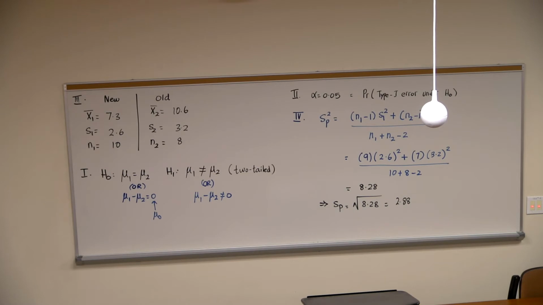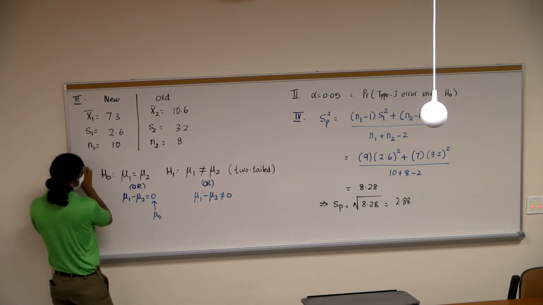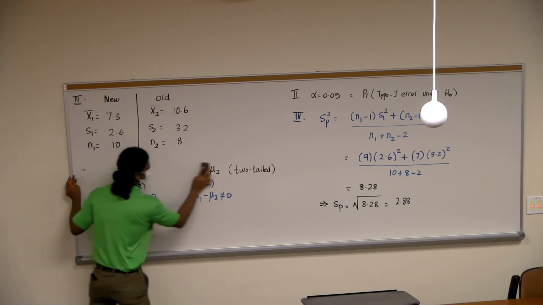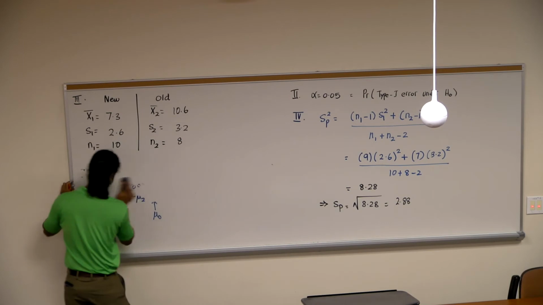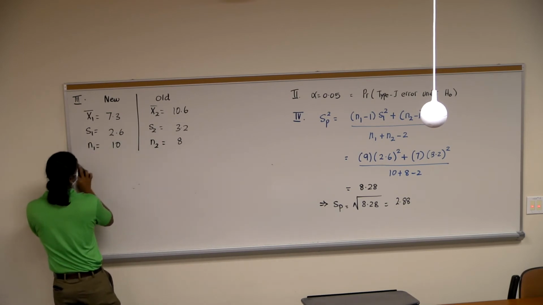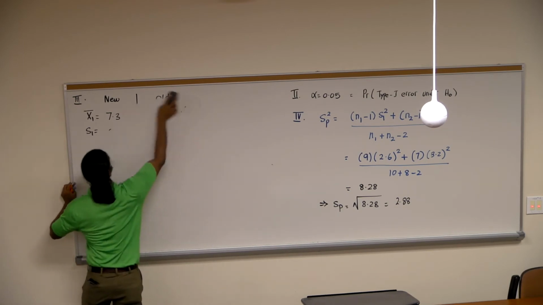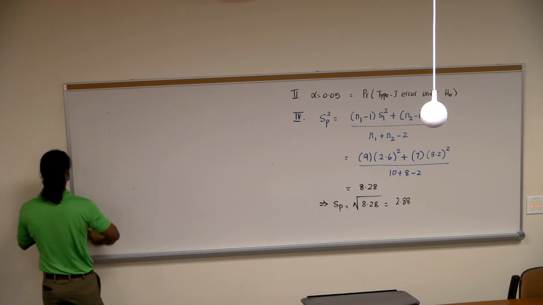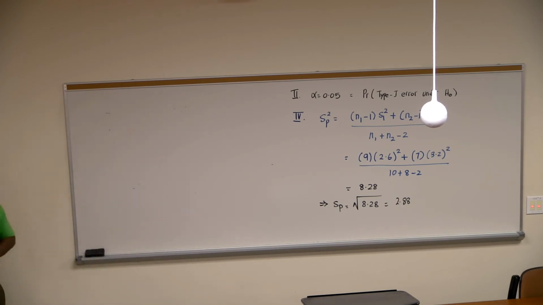So we are done with the pooled variance. We would like to know the distribution. Last time the distribution was t, and the degrees of freedom was n1 minus 1, comma, n2 minus 1, and you take the minimum.